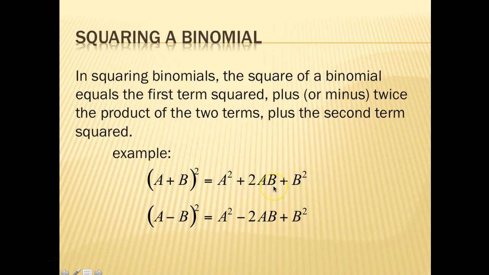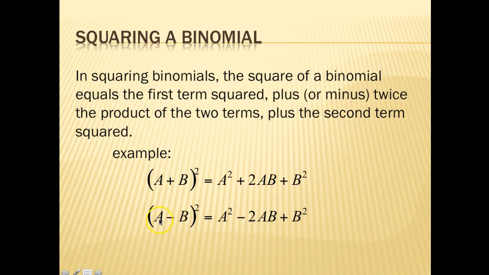The middle term will always be 2 times the first term times the second term. So in this case, a squared, b squared, 2 times a times b, 2ab.